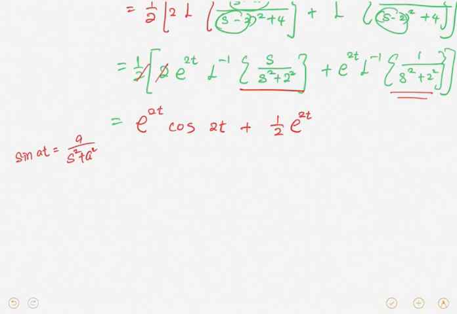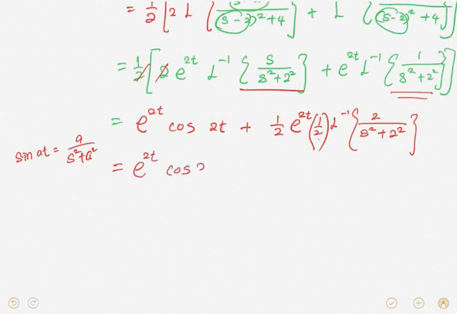So okay, if I write like this, I will have 2 over s squared plus 2 squared. But I need to multiply by 1 over 2. So I divide by 2 to cancel out the 2 and 2 here. So at the end, my answer will be exponent 2t cos 2t plus 1 over 4 exponent 2t sine 2t.